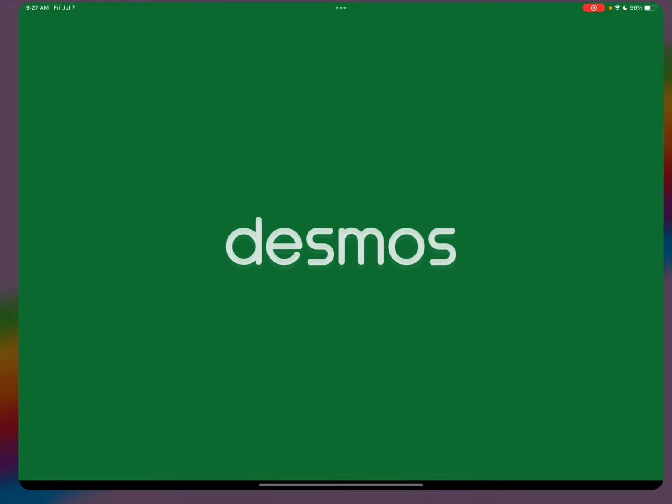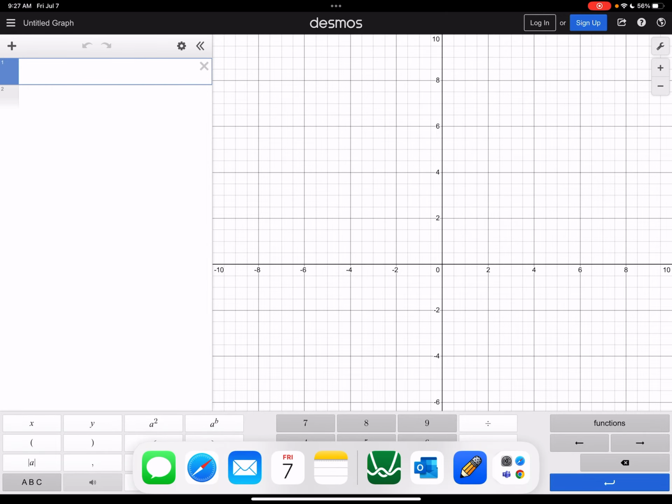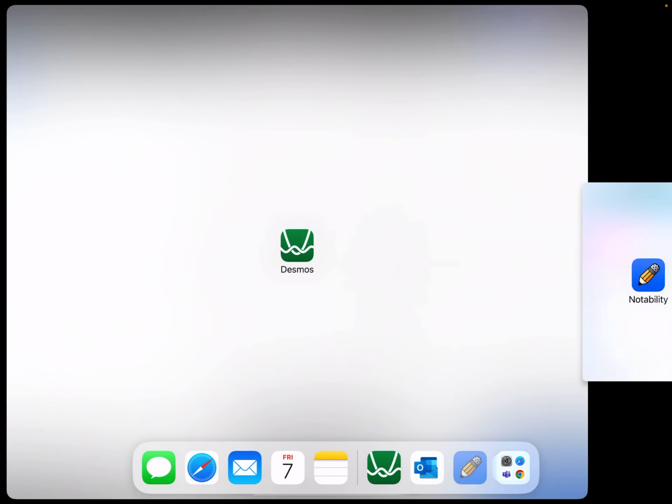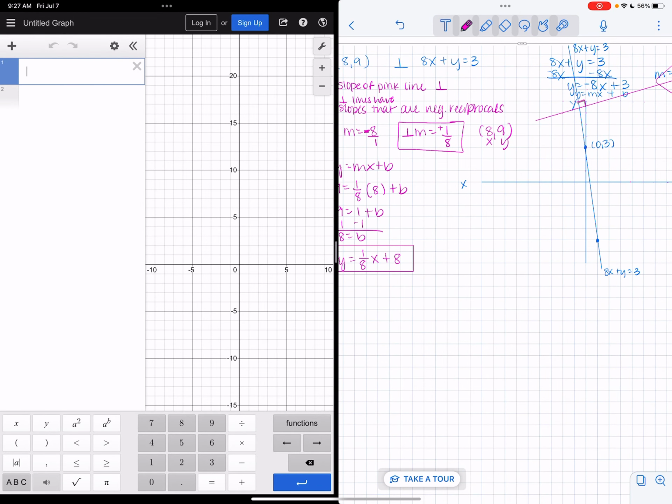Where's Desmos? All right, here we go. We started out with 8x plus y equals 3. We solved, and that gave us negative 8x plus 3. That's our blue line.